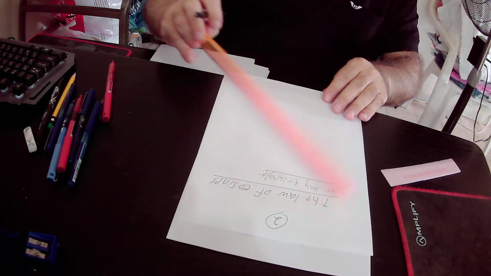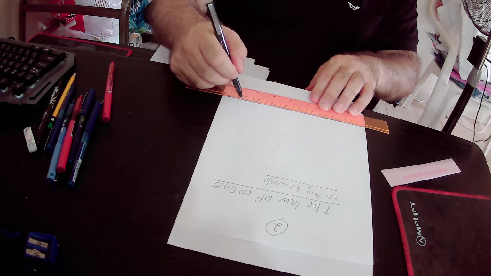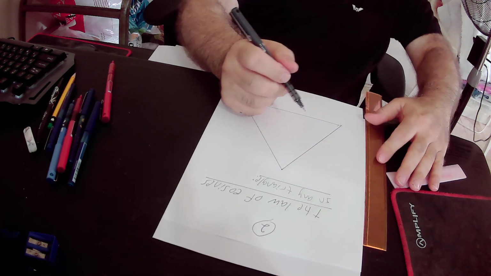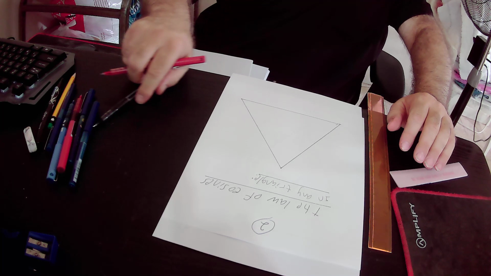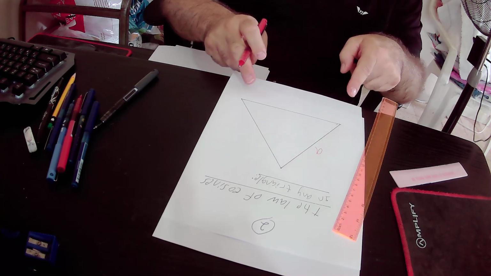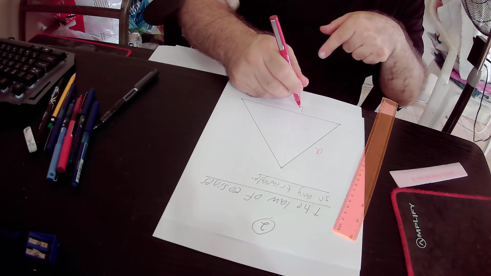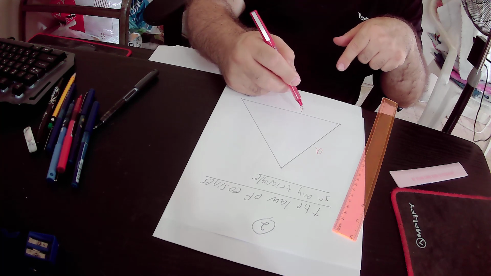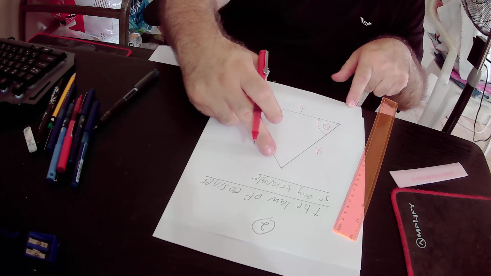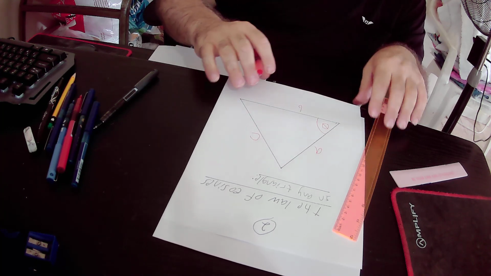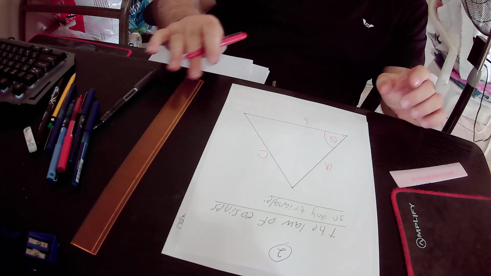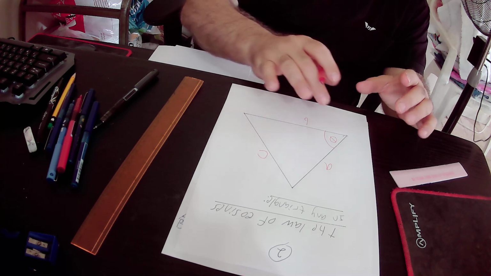actually, if we have this black triangle, and the length of this side of the black triangle is A, the length of this side is B, and the angle between side A and side B of the black triangle is theta, and the length of this side of the black triangle is C. Then, according to the law of cosines, the following relationship exists between the sides of this black triangle and its angle theta.